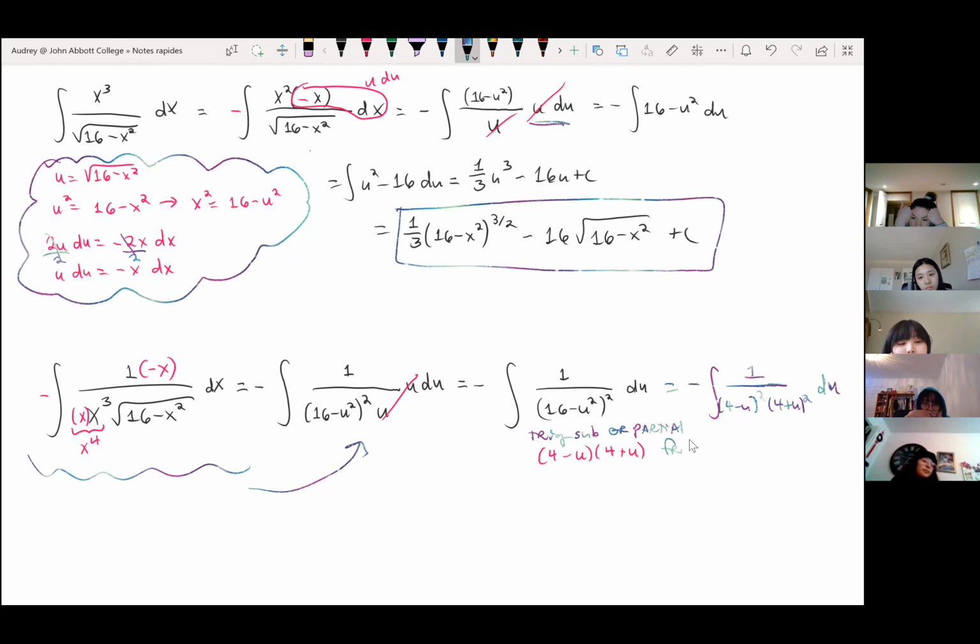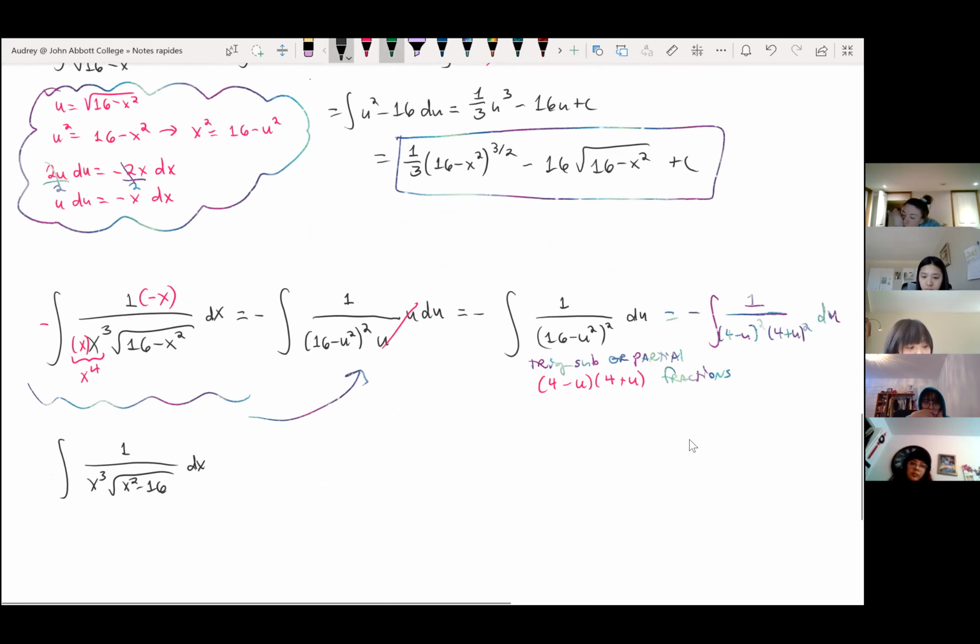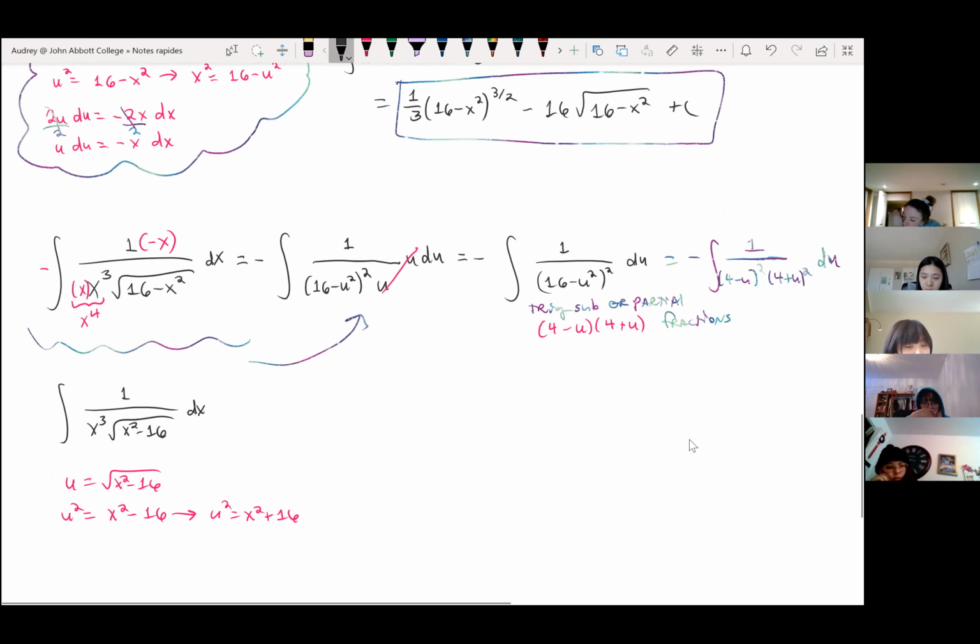But let's say that instead of having 16 minus x squared, I had x squared minus 16. Just really want to bring this home. If I had x squared minus 16 dx, then my u would still be that, and my u squared is equal to x squared minus 16. But in this case, what would change is, I'm not going to do this all the way through unless you guys really want me to.